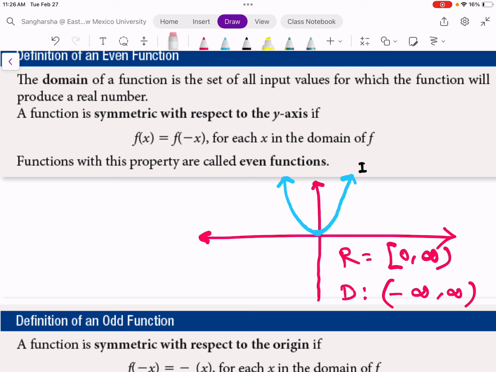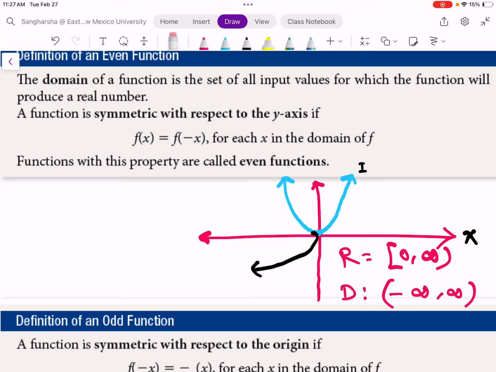Here we have the y-axis, and the y-axis is dividing our graph exactly into two similar parts, right? Similarly, we have this graph, and here is the x-axis. The x-axis divides this graph exactly into two similar parts.